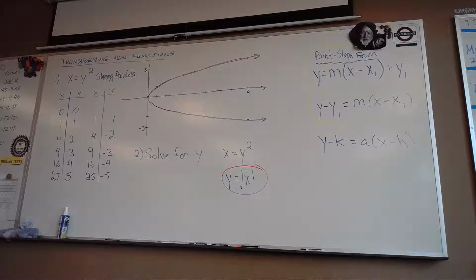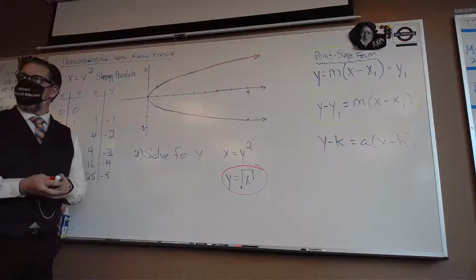Anybody got an idea as to how I could get the other half in my calculator? What's the difference between that half and the other half? Negative, positive. Oh, one of them's negative? So what equation could I type into my calculator to get the negative part?